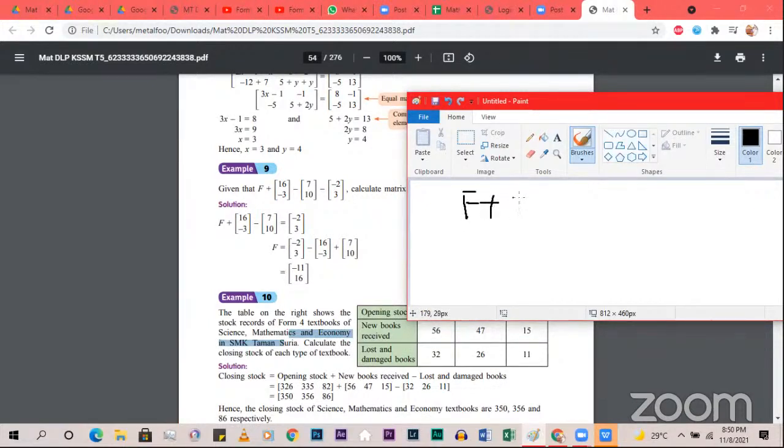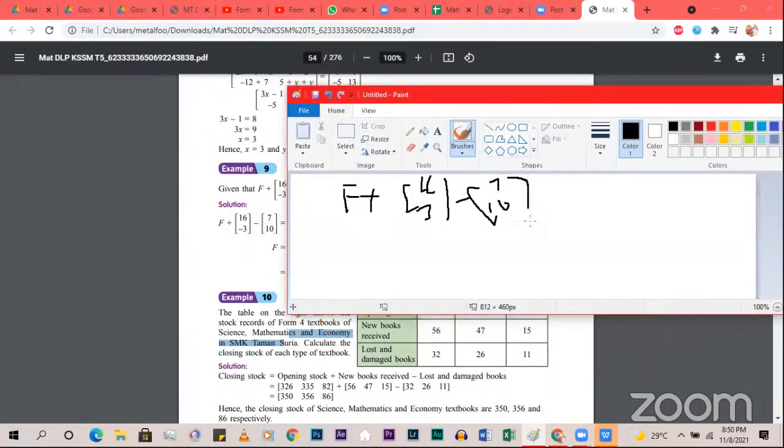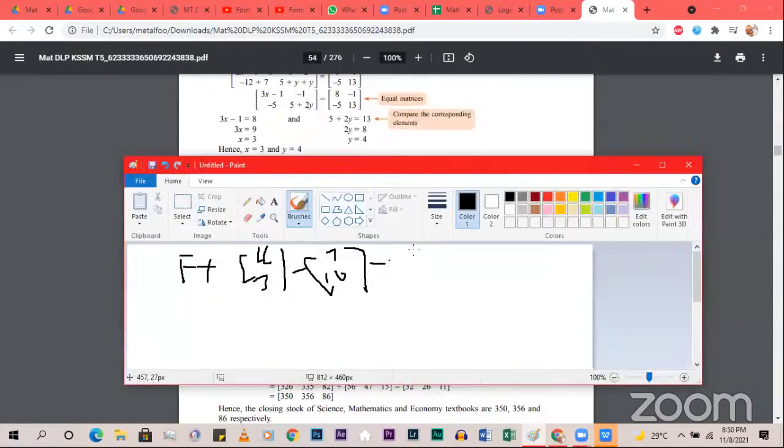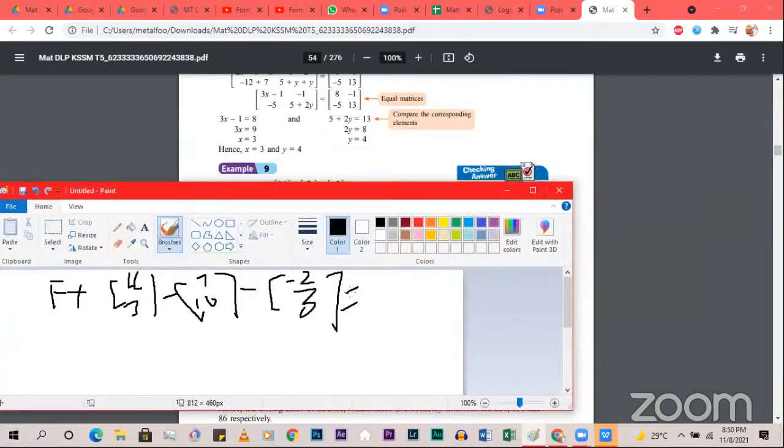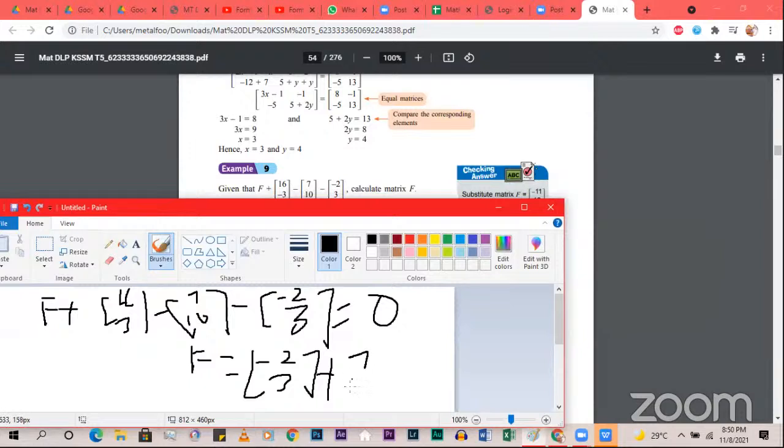F plus 16, 3, -7, 10 equals -2, 3, 0. So F equals -2, 3 minus, it should be plus 7, 10. You move everything to the right hand side.